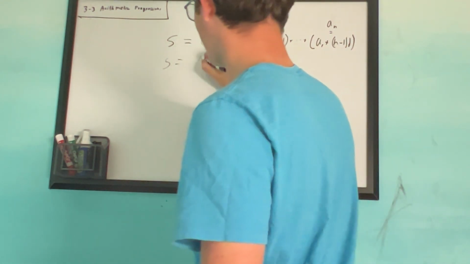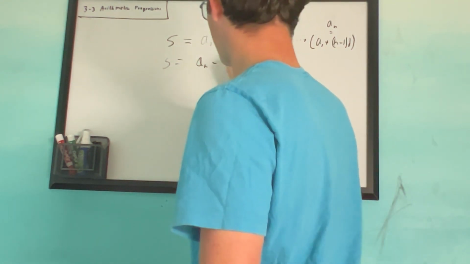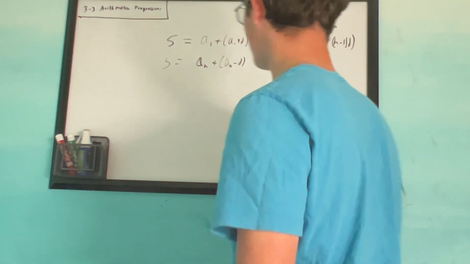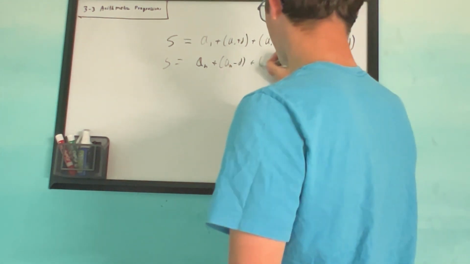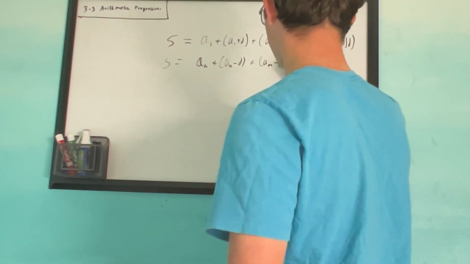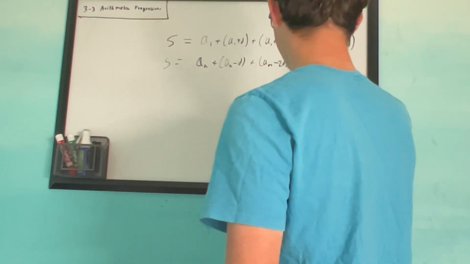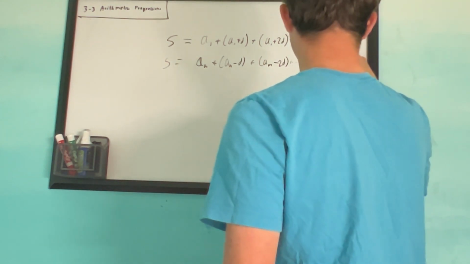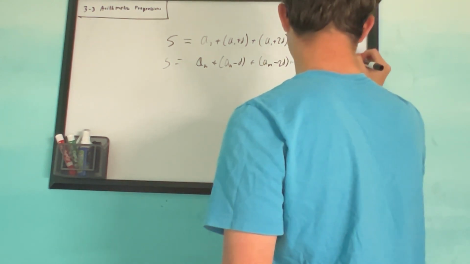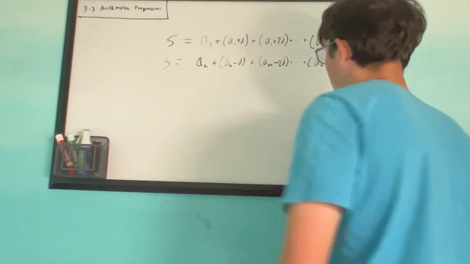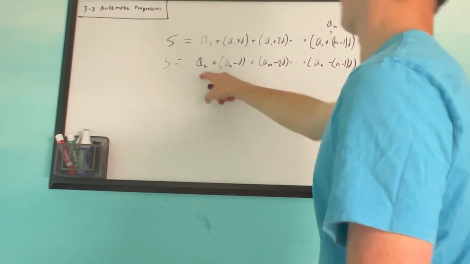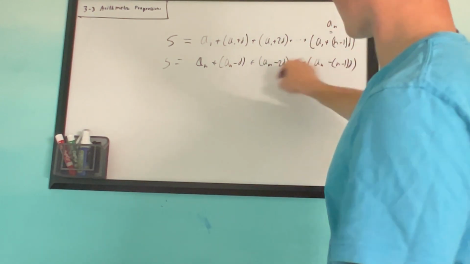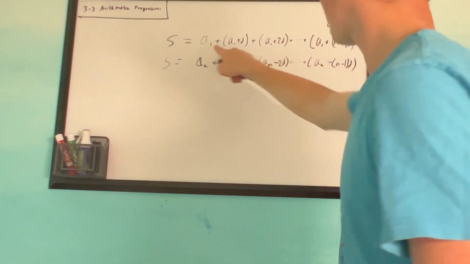So we start with a sub n plus a sub n minus d plus a sub n minus 2d, all the way until you have a sub n minus n minus 1 times d. And if you think about it, this is just working backwards. A sub n equals this, a sub n minus d would equal somewhere here, and this last term is equal to this term.